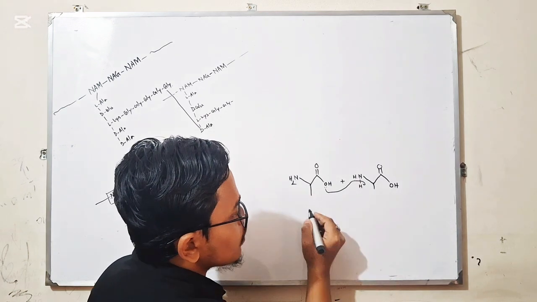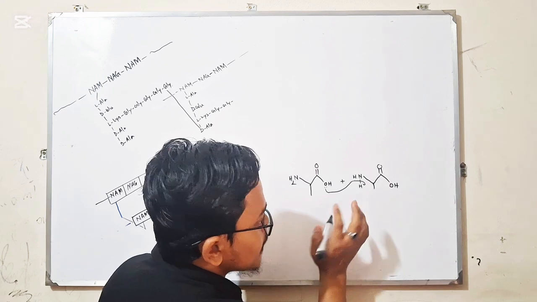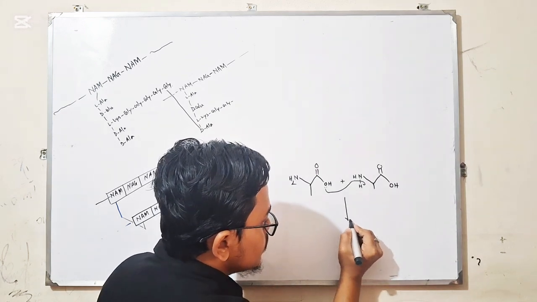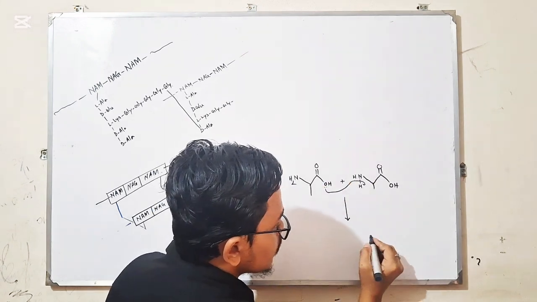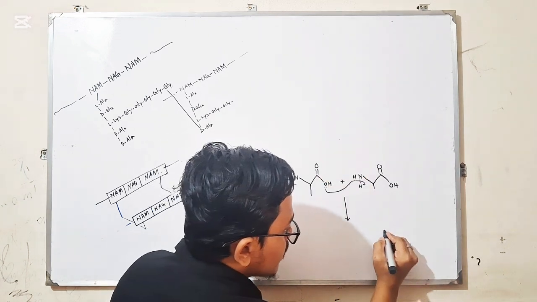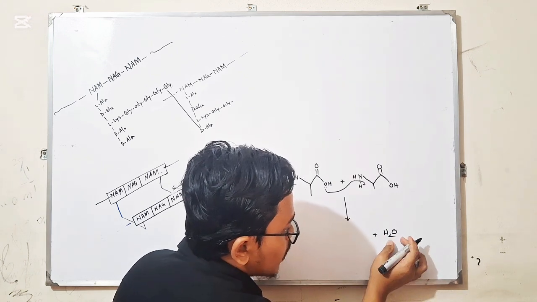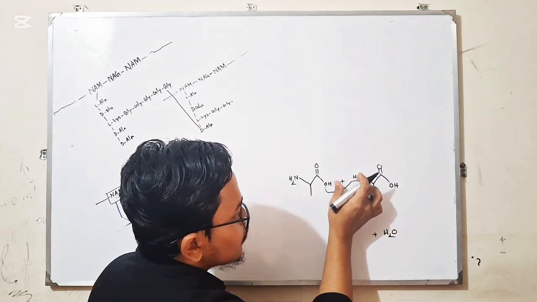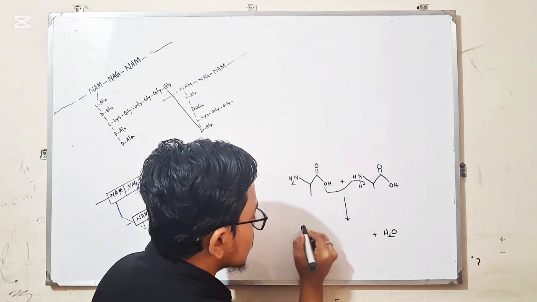Then what will occur? H and OH will form water, and this OH will be removed from here, so we get water, and the peptide bond will be formed. How? Like this.